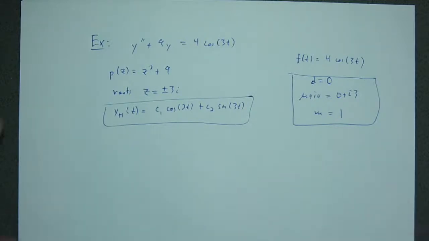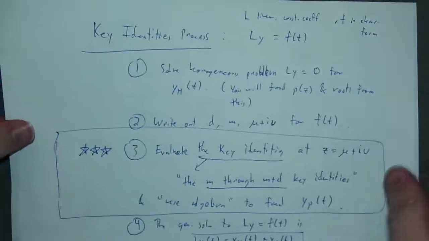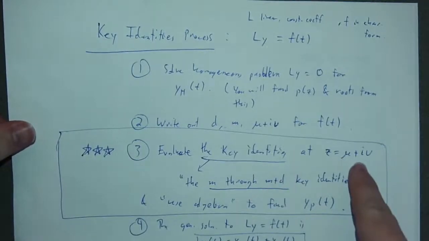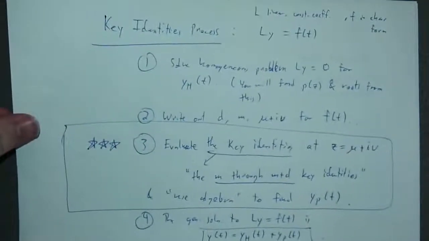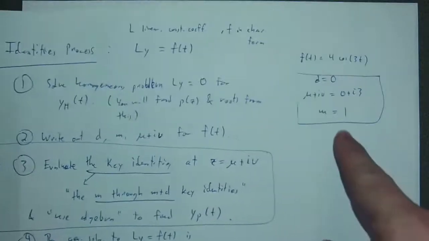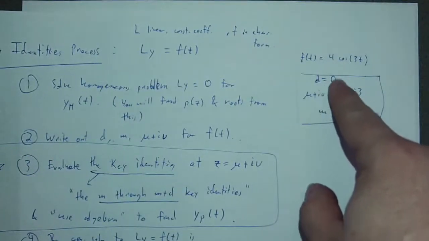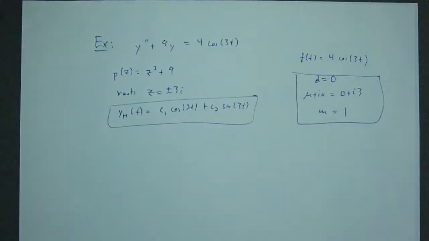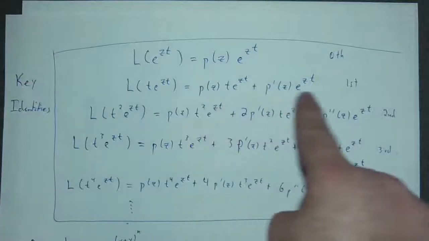How does this affect what I do here? Well, again, key identities process. I'm evaluating the key identities at the characteristic, which in this case is 3i. And I need m through m plus d, so the first through the first. So I should only need the degree 1 key identity, which is this one.